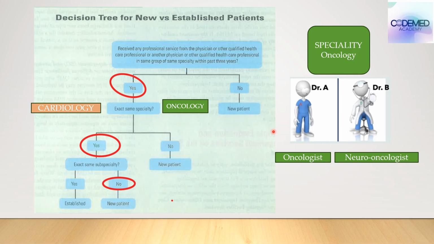So Dr. A says you will have to go to Dr. B. Now, if he sticks to Dr. A, he becomes an established patient. But he has gone to Dr. B, who has never seen that patient earlier. So for Dr. B, he becomes a new patient. Okay, so this is a very, very important concept. Again, I would suggest that you go back and listen to this concept and get your understanding very clear.